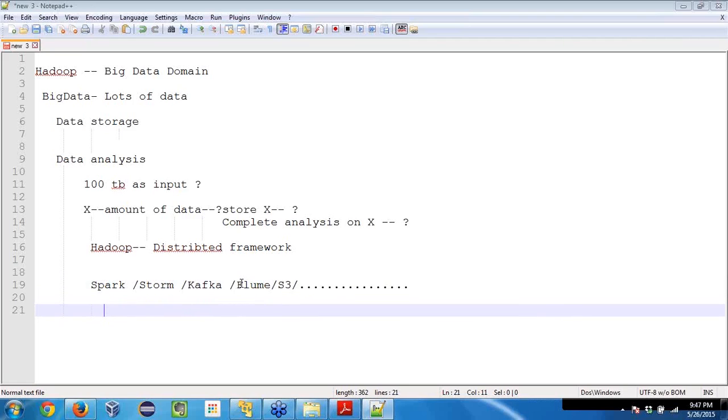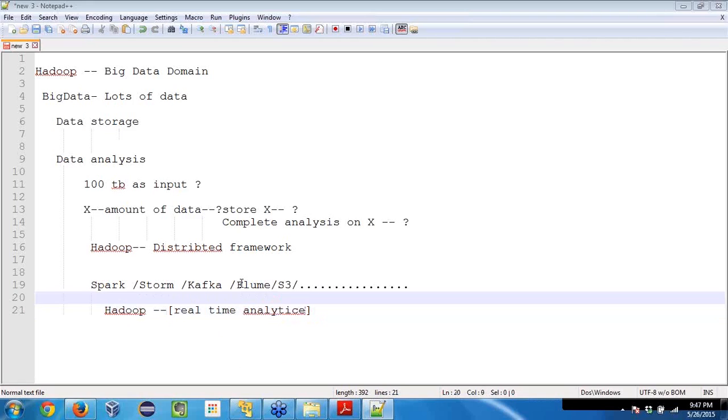So we come up with a solution: Hadoop is not preferred for live or real-time analytics, whereas you can use any one of these technologies on top of Hadoop.